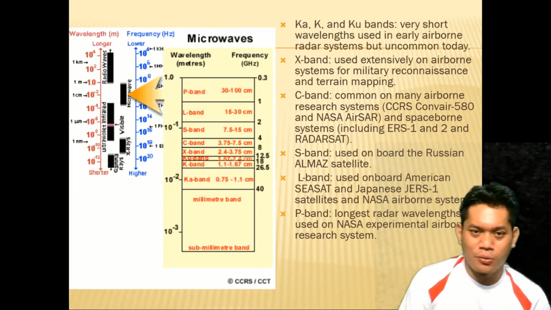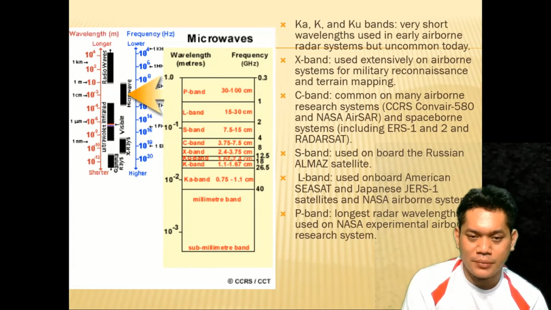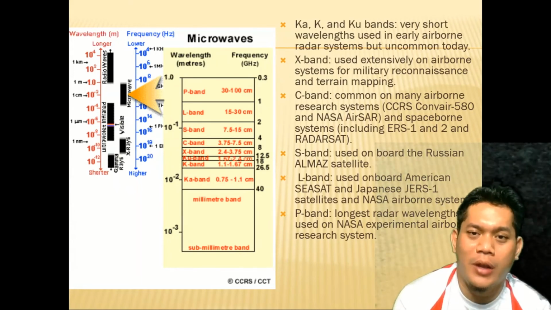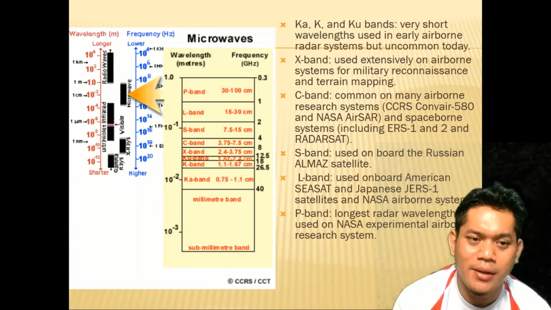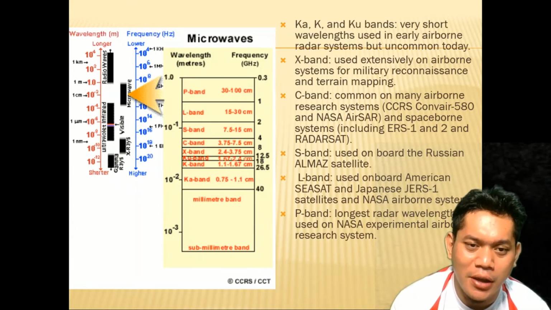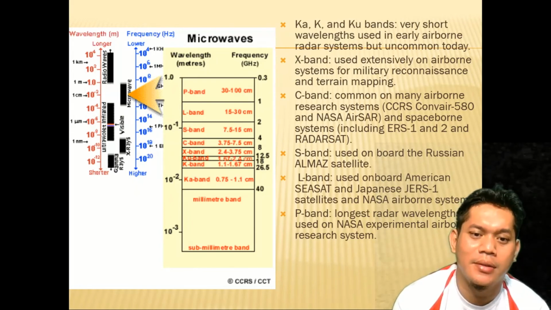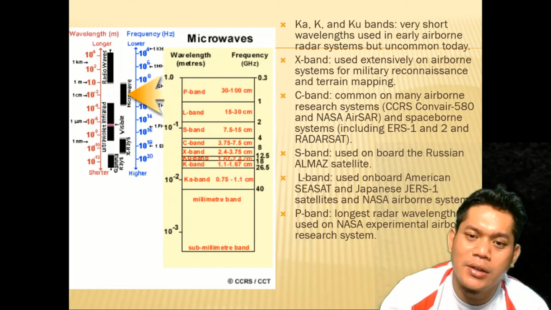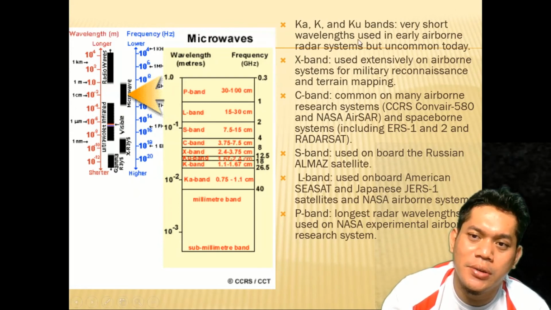Okay, so what kind of radar signals do we have? We have P band, L band, S band, C band, X band, Ku band, K band, Ka band.